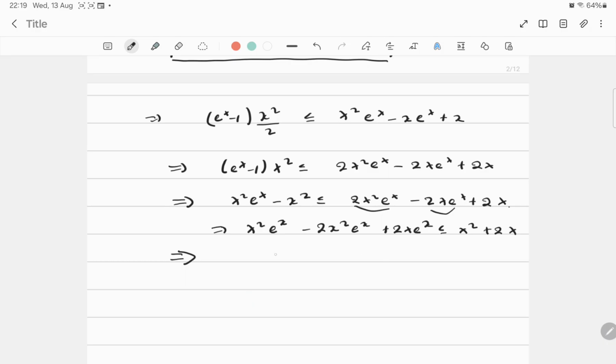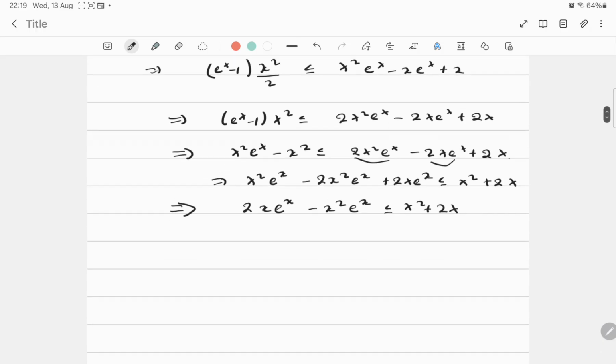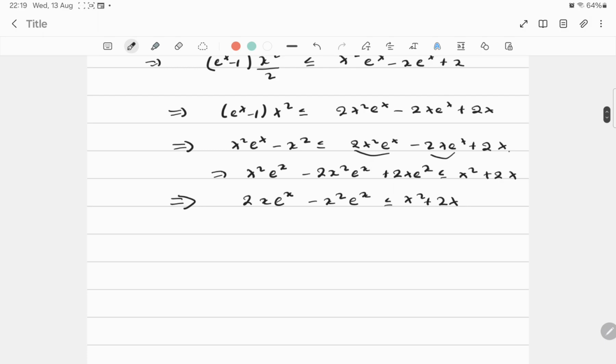So that is going to be 2x e to the power of x minus x squared e to the power of x less than this polynomial. Let's take the exponential as a common factor.